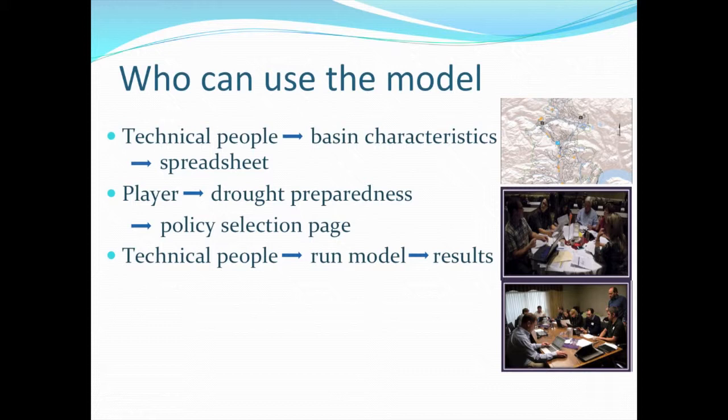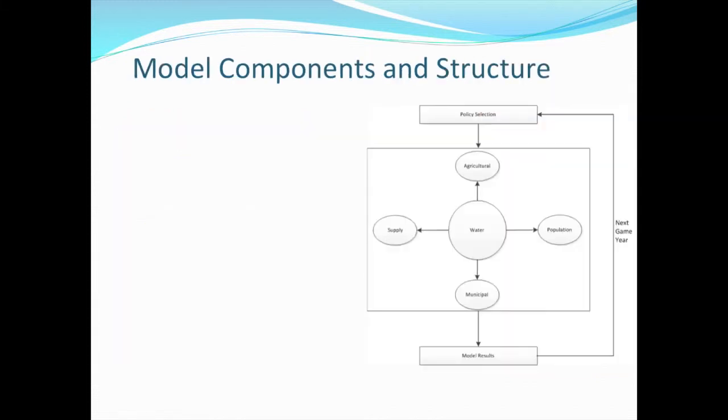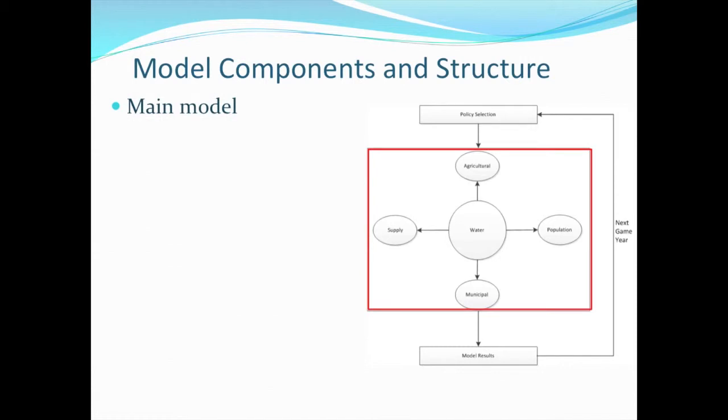But right now, we plan to let the players run the model themselves and get the results themselves, to see how the policies affect the whole system. So basically, this is the model components and structure.